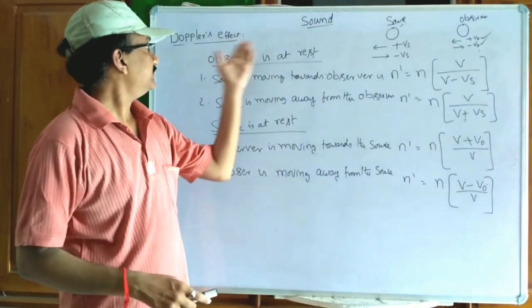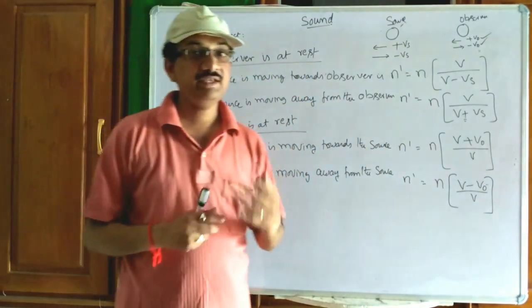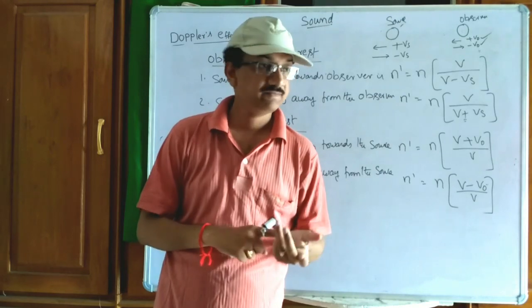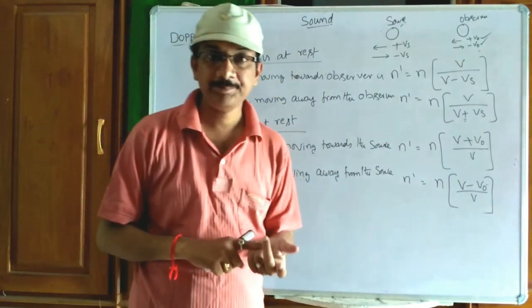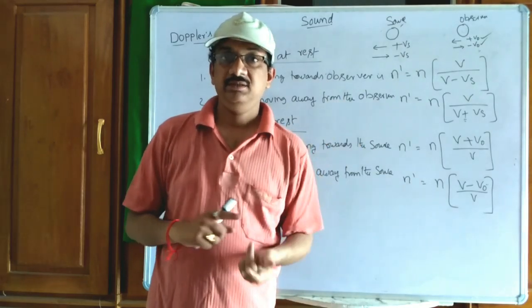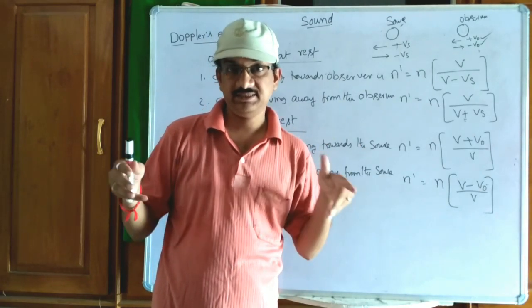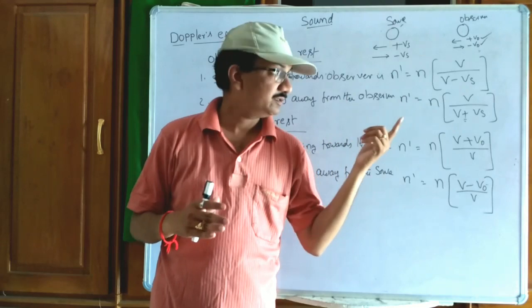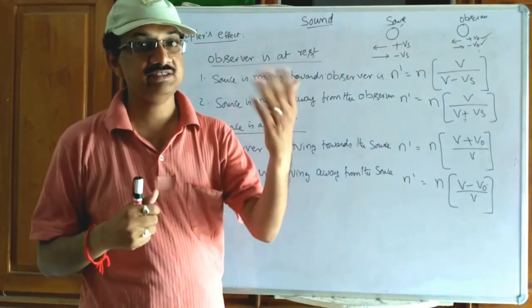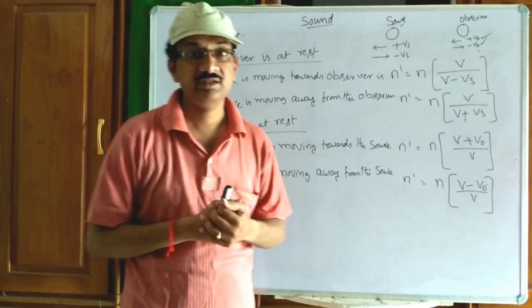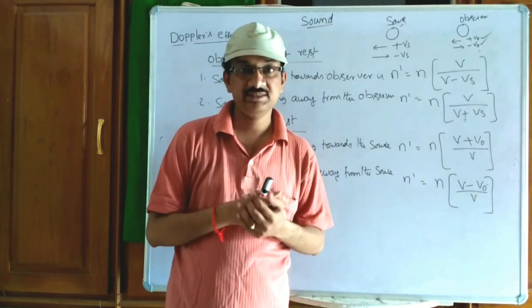The applications of this Doppler effect are to determine the velocity of aeroplanes, the positions of submarines in the sea, and the positions of icebergs in the sea. But nowadays they are finding the velocities of vehicles in the traffic signals.